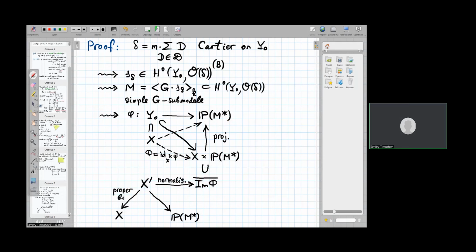Proper and birational map, because it is a projection along the projective space. The projective space is complete, and the projection along it from a product variety to the first factor is proper. The projection from here to here is proper. So this map is proper and birational, because on the open orbit Y naught it is just the identity map, and this map is extending the map phi on the open orbit.